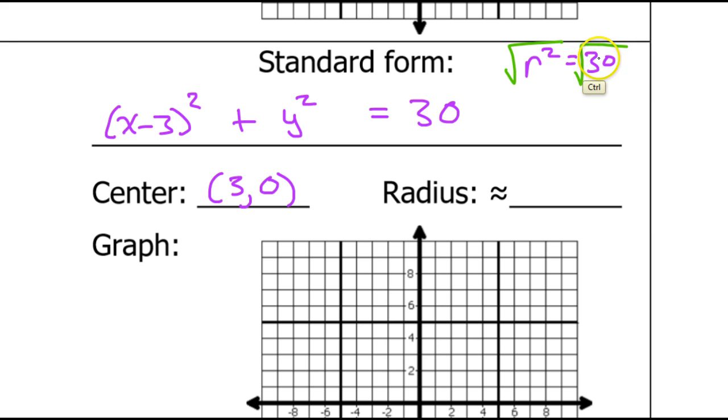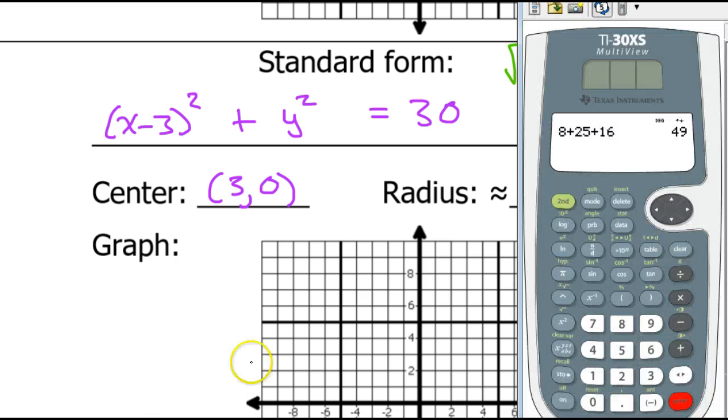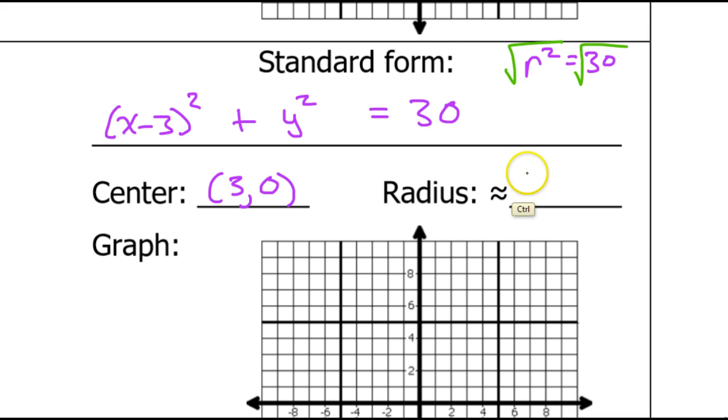Now that's not a perfect square, so let's just go ahead and get a decimal for this. So if I want to do the square root of 30, okay, if I hit this button, I discover that's approximately 5.5. Okay, so the radius is approximately 5.5.